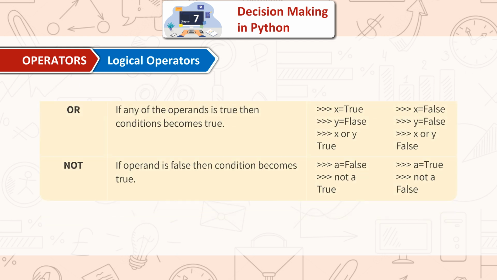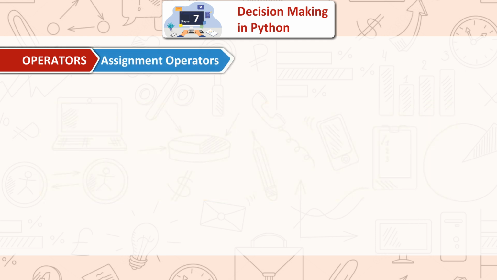Or: if any of the operands is true, then the condition becomes true. X is equal to true, Y is equal to false, X or Y, true. X is equal to false, Y is equal to false, X or Y, false. Not: if the operand is false, then the condition becomes true. A is equal to false, not A, true. A is equal to true, not A, false.